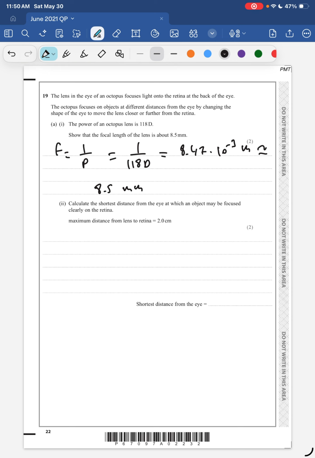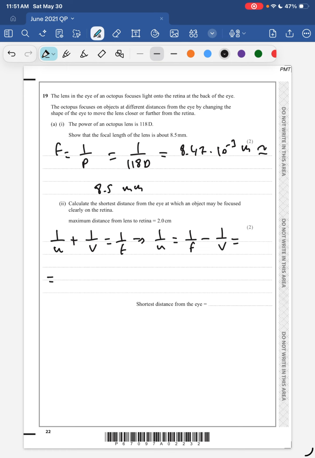2. Calculate the shortest distance from the eye at which an object may be focused clearly on the retina. And the maximum distance from lens to retina is 2 centimeters. So basically, we have to use 1 over u plus 1 over v is 1 over f. So 1 over u is going to be 1 over f minus 1 over v. And v is going to be set to 2 centimeters because that's the maximum distance from lens to retina.